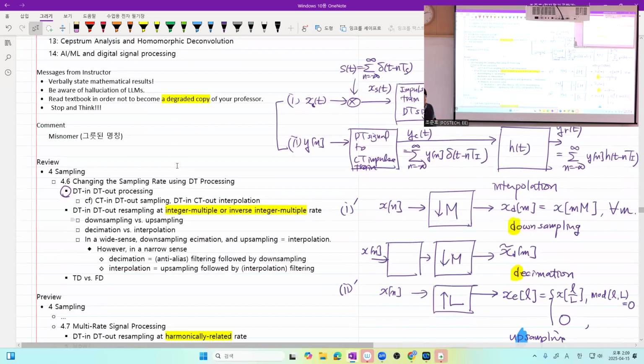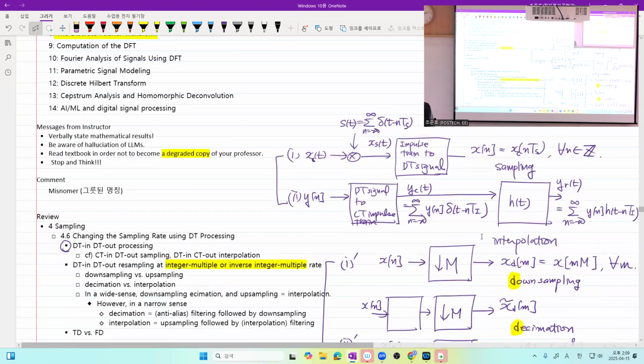So the first thing you need to do is to remember without confusion what is sampling of a continuous time signal, what is an interpolation of a discrete time signal to have a continuous time signal, what is downsampling, what is upsampling, what is decimation, and what is interpolation of a DT signal to obtain a DT signal.